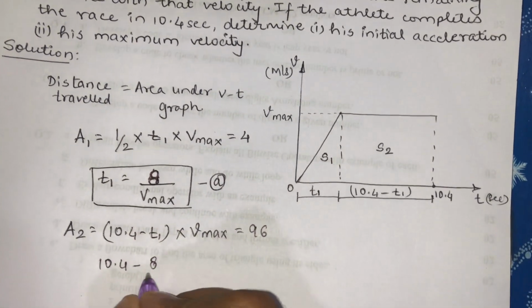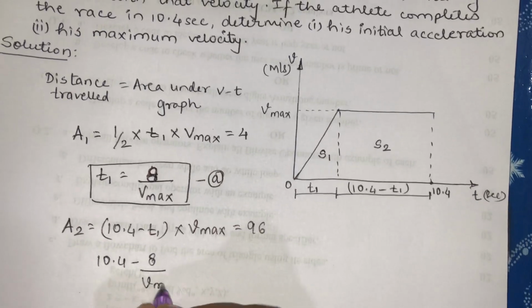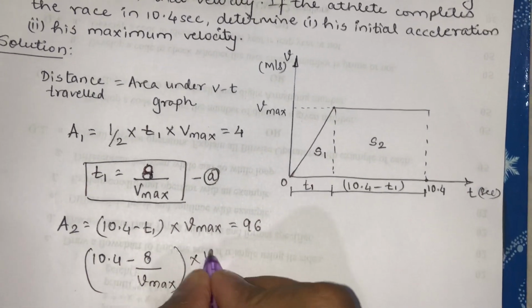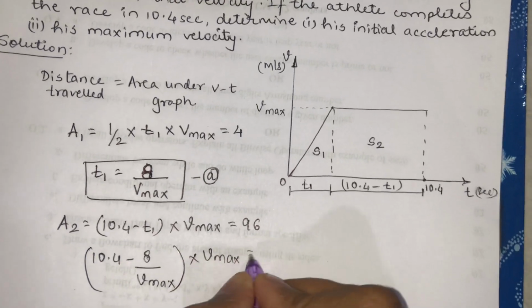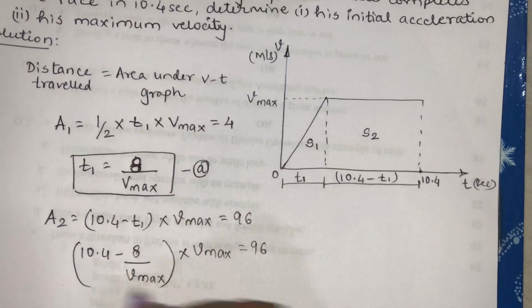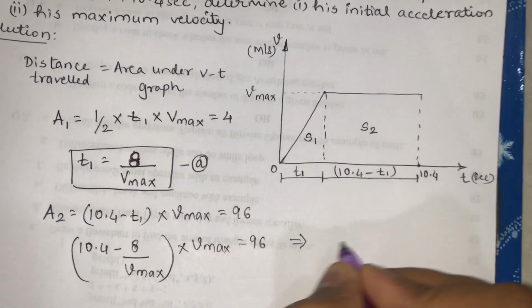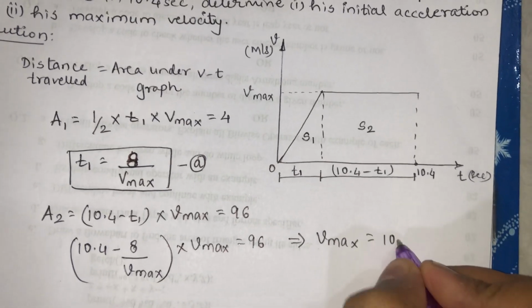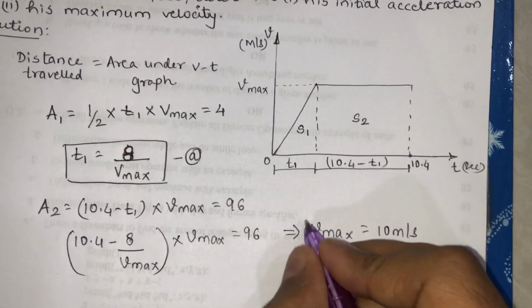So here it will be 10.4 minus 8 upon V max, into V max, equals 96. If you solve it, we get V max equals 10 meters per second.